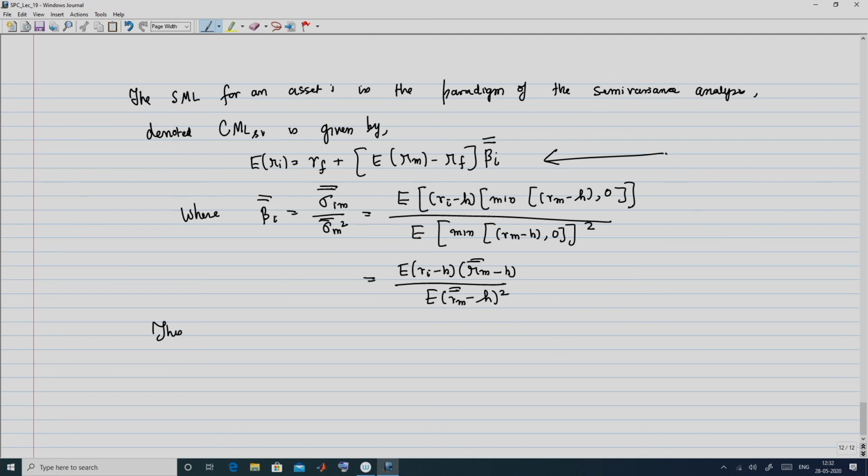And this beta which has been newly introduced, that is beta I double bar, is called the downside beta.